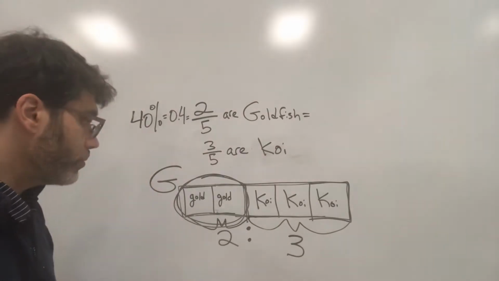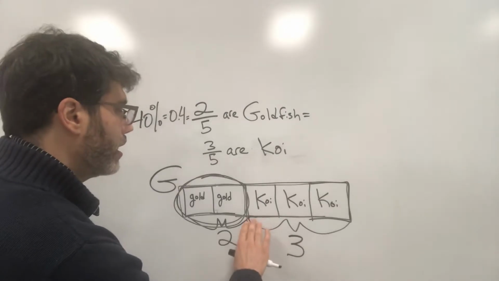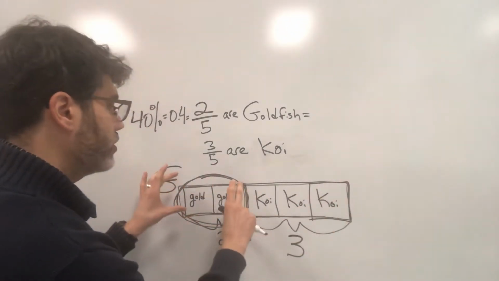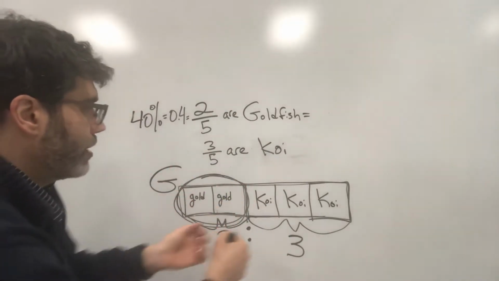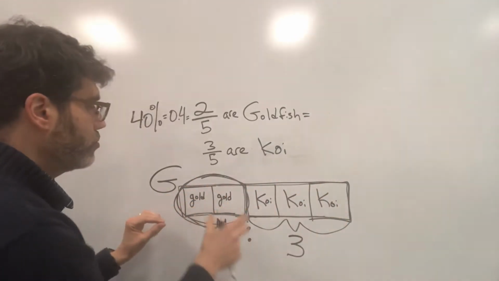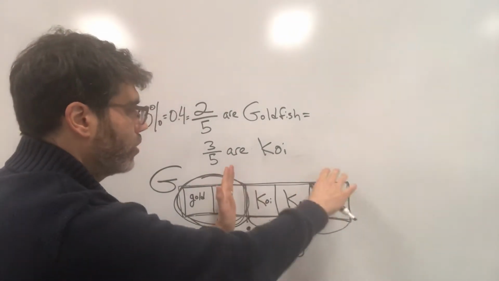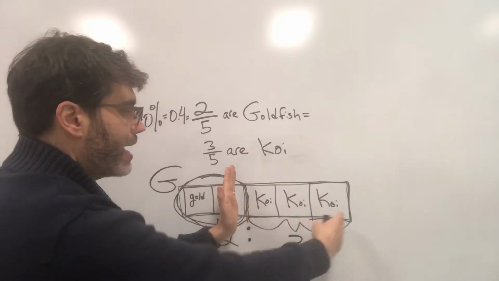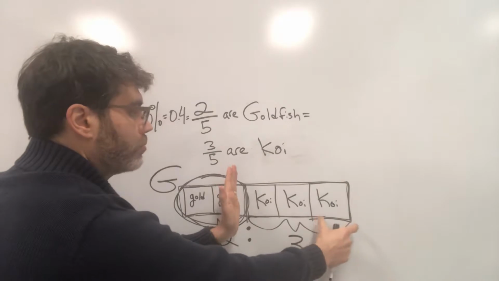So we do know that for koi relative to goldfish, if I were to rip this out and put these 2 gold squares on top of what we have for koi, the koi would surpass all of the goldfish and go 1 more block worth.